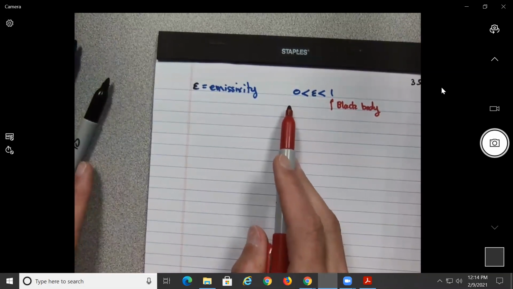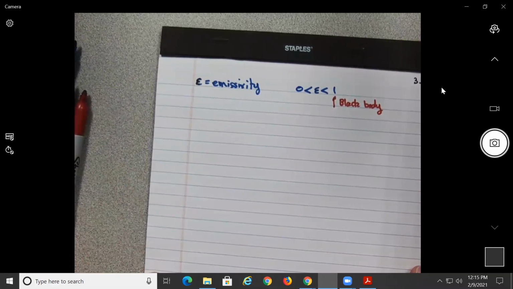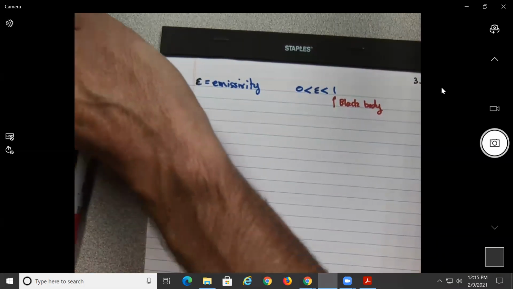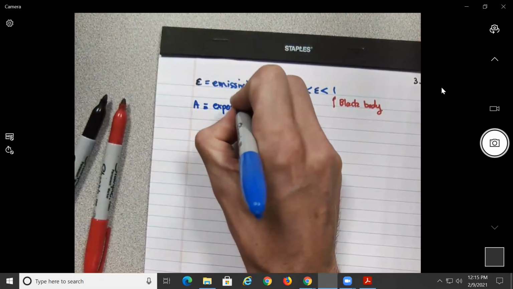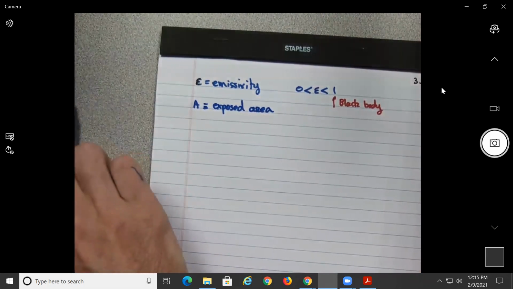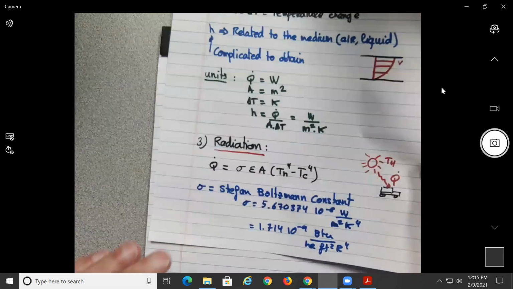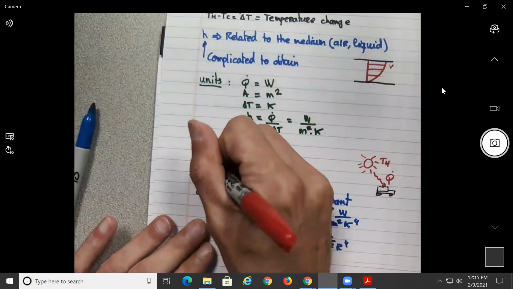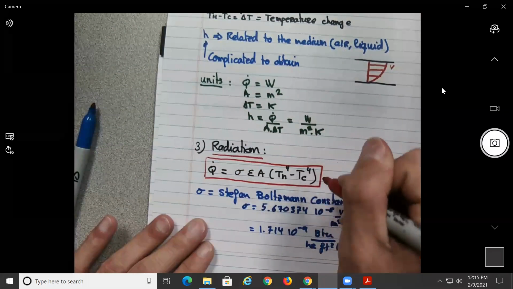And if it has to be 0, it will have to be what? Completely clear, no? All right. I think that's it. A, again, will be the exposed area. Okay. So basically we have the equation for the radiation: sigma epsilon, the area times the temperature to the fourth.